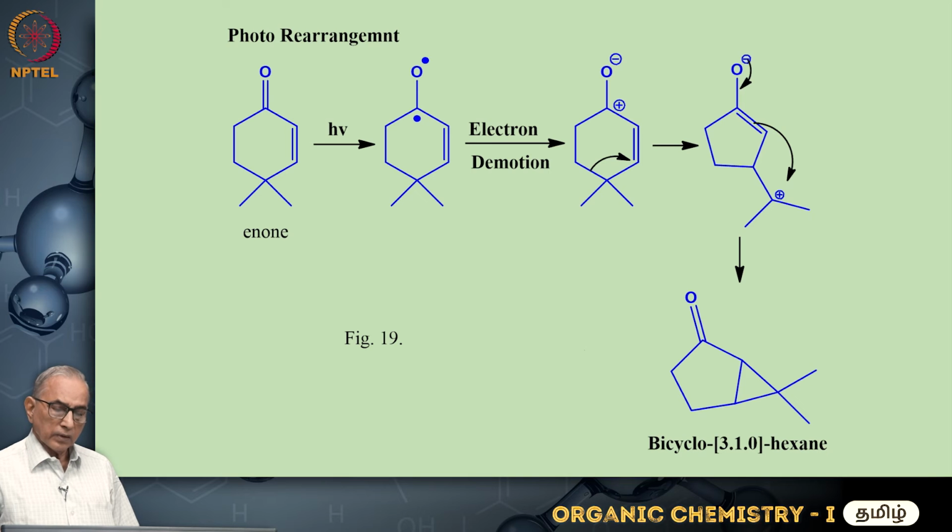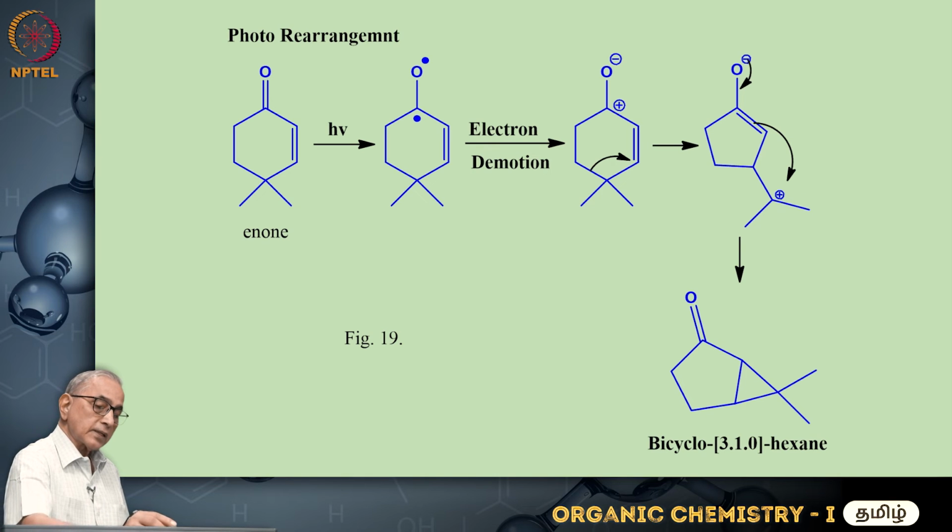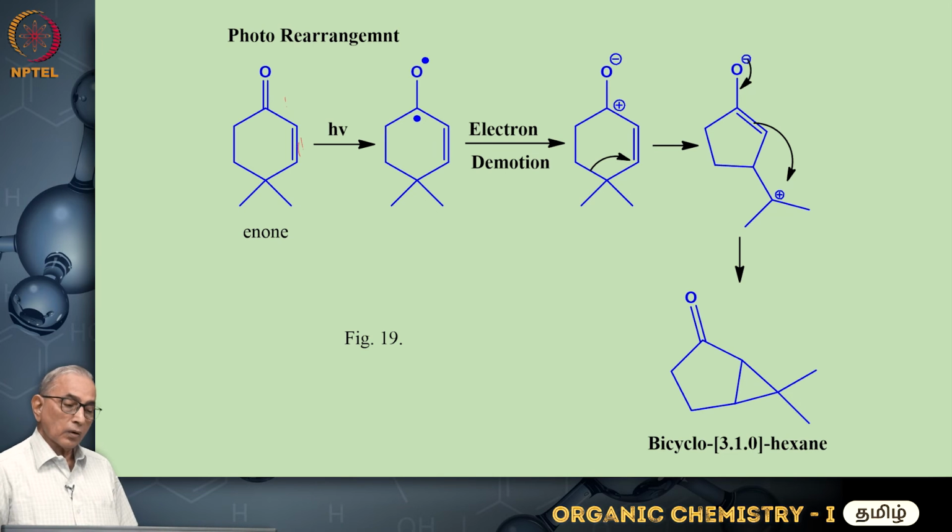This is another very interesting rearrangement in photochemistry. If you have this dimethyl cyclohexenone, the double bond here, a ketone 6-membered ring is hexenone, and this is 4,4-dimethyl hexenone.